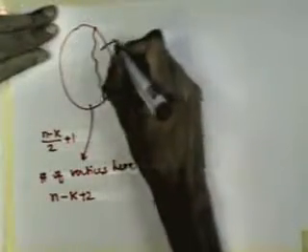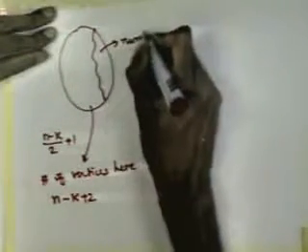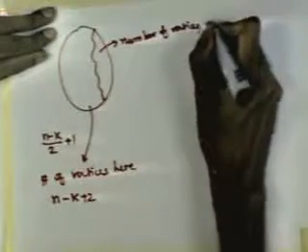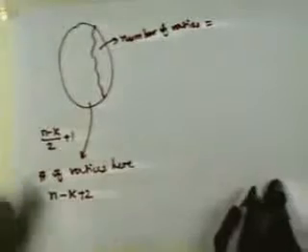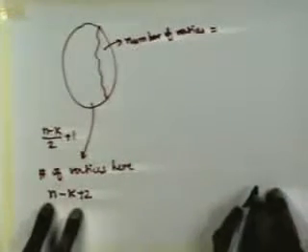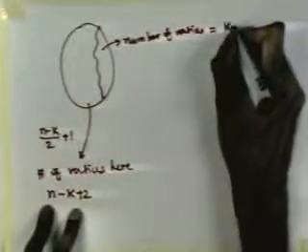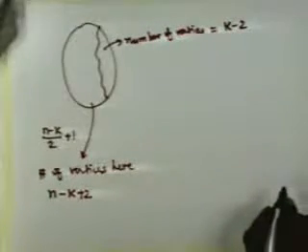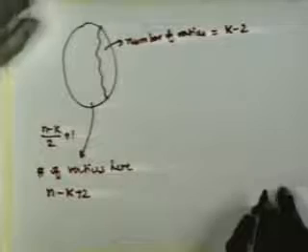So the number of vertices outside is n minus this, which is k minus 2. This portion has a perfect matching, which was our assumption.